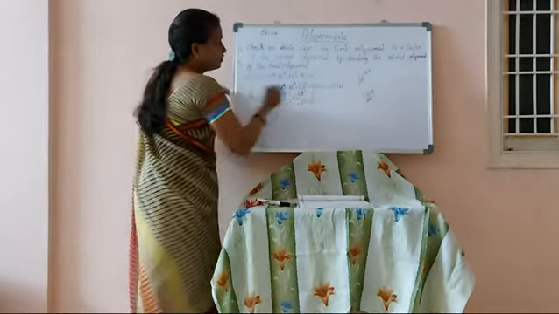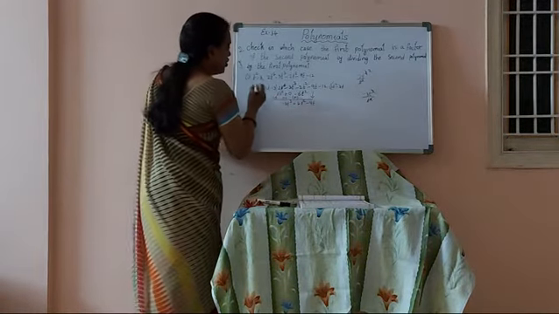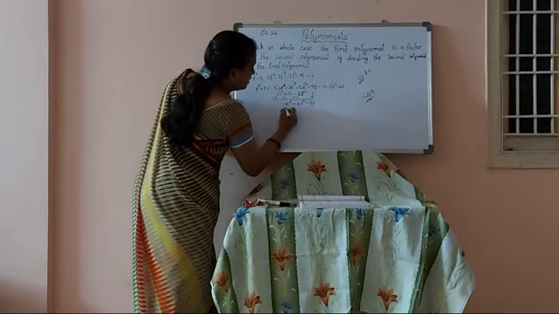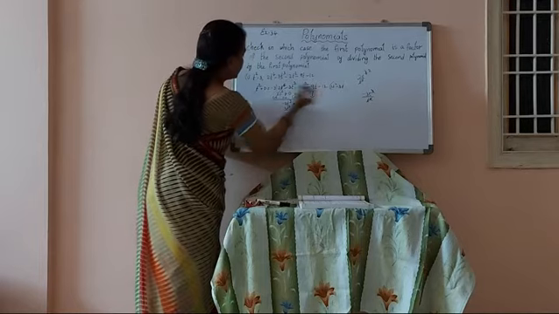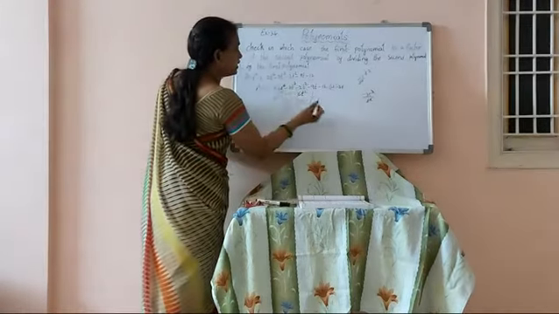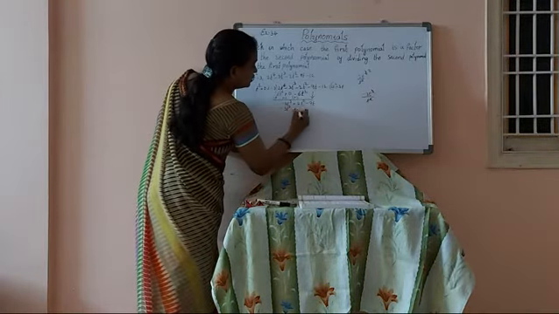3 into t cube: first 3 into 1, the coefficient of this one is 1, so 3t cube with minus into plus, minus. Again with this, minus 3t into 0 is 0.